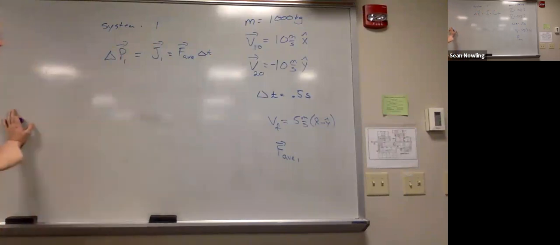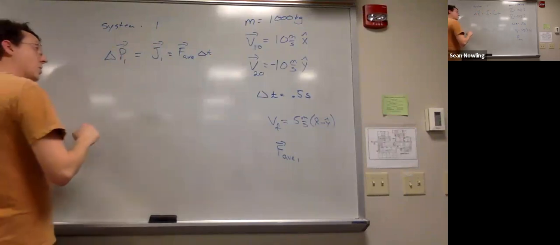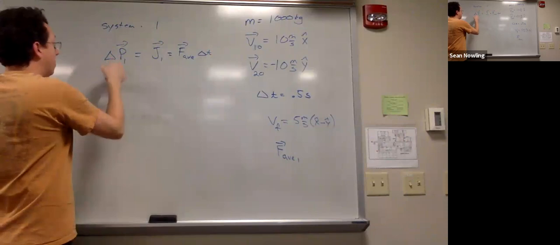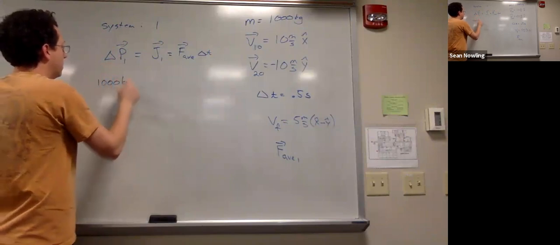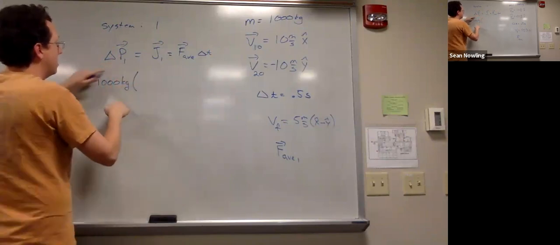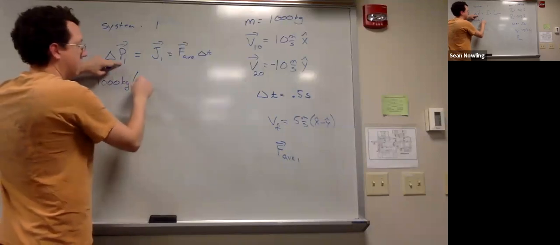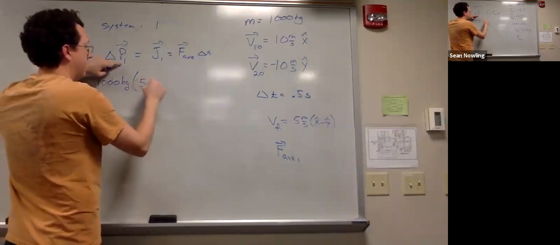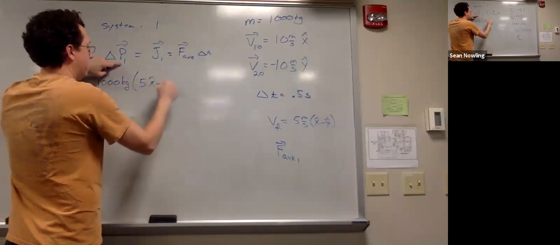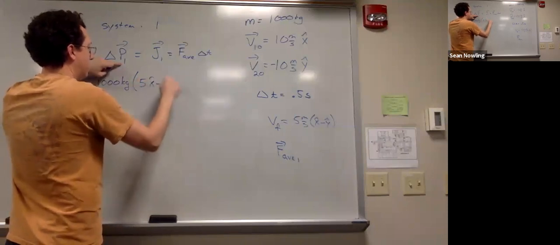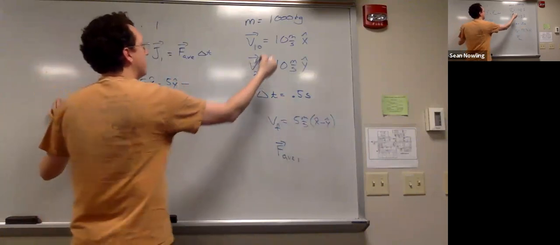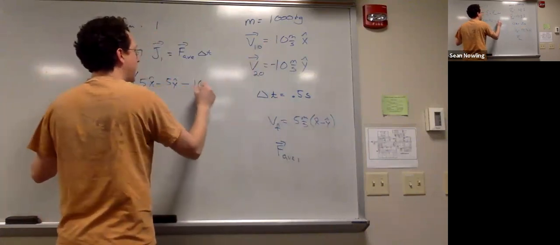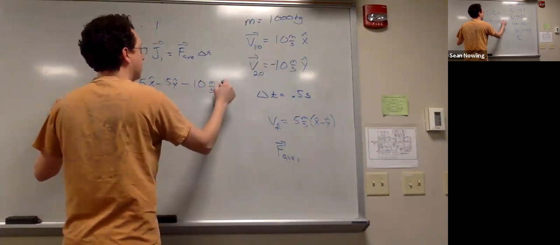Reinstating vector labels. So now I just have to write this out. For car 1, the mass was 1,000 kilograms times the final velocity, 5 x hat minus 5 y hat, coming from here, minus the initial velocity for car 1, which was 10 meters per second x hat.